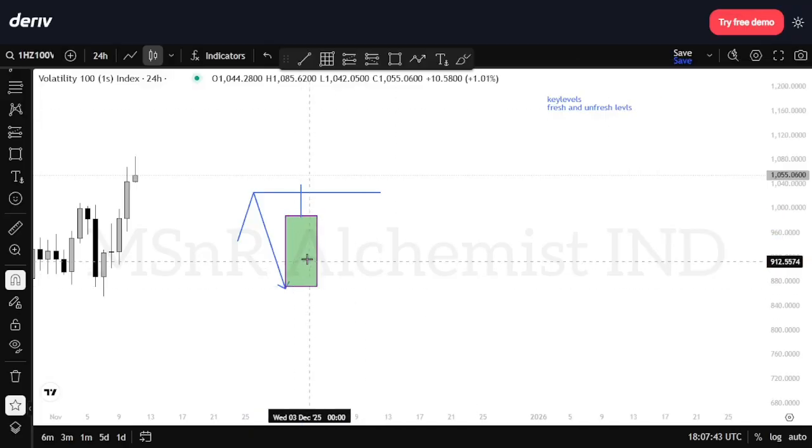A bullish candle came to this resistance, touched it with the body and closed below. The distance the bullish candle moves becomes the wick. So the resistance is touched with wicks.